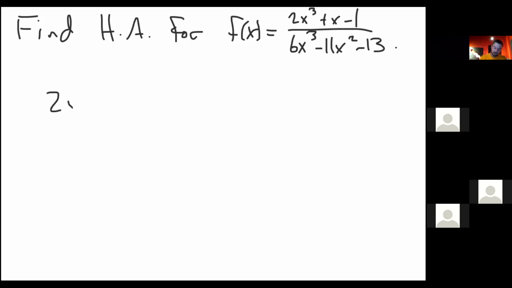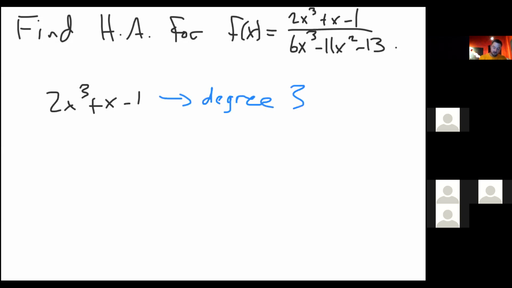So I'm looking at that 2x cubed plus x minus 1. What is the degree of that polynomial? Someone tell me. 3. Yeah, thank you. It is degree 3. And in the denominator, I have 6x cubed minus 11x squared minus 13. And what is the degree of that one?